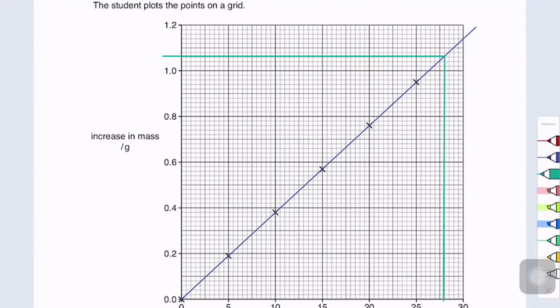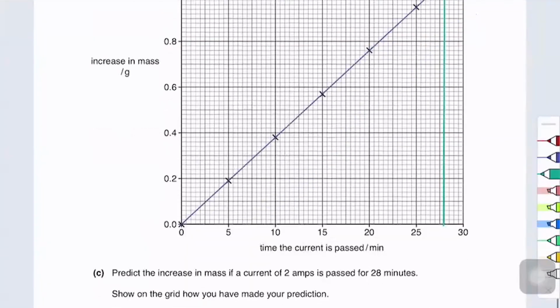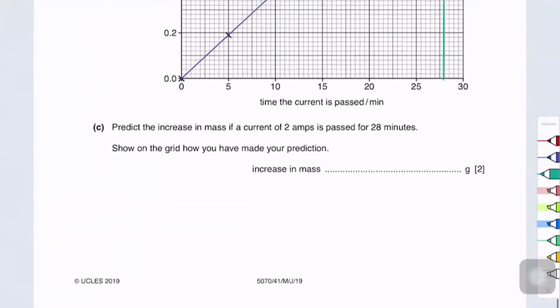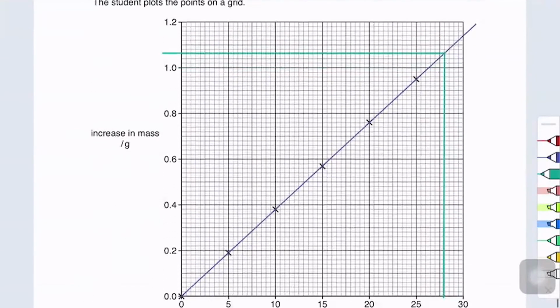Okay. So is it 1.15? Let's see. No, it's 1.06 or 1.05, a value around that. So I'm getting 1.06. Now here's the thing. This is a 2-mark question. First of all, that's a hint for us to draw these lines. Secondly, let's suppose the examiner had 1.07 instead of 1.06.